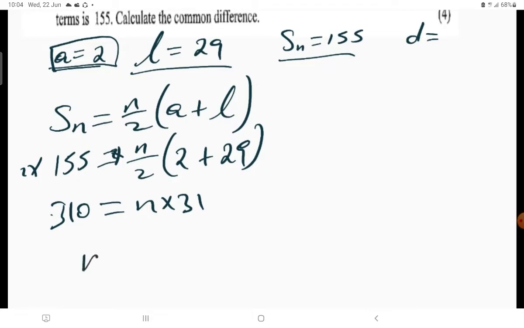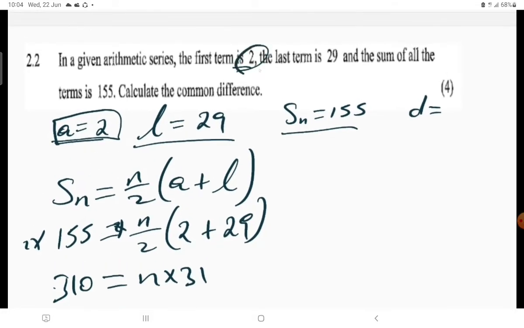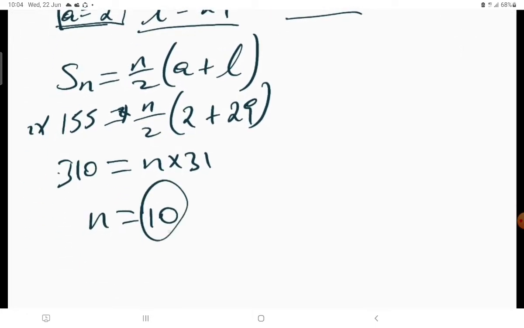Therefore when you divide by 31 both sides, you'll get n being equal to 10. So we haven't answered the question, but we know that if the first term is 2 and the last term is 29, then we have 10 terms in that series.